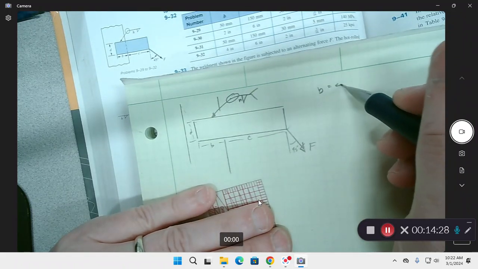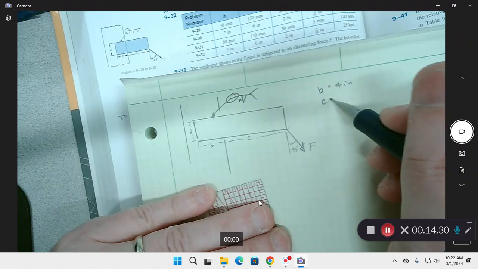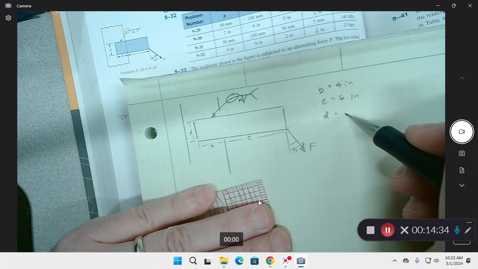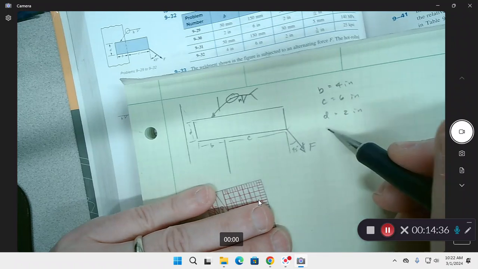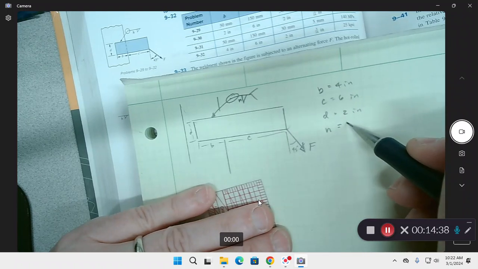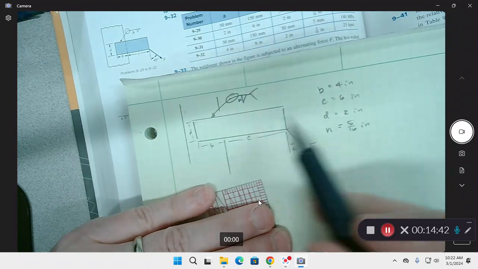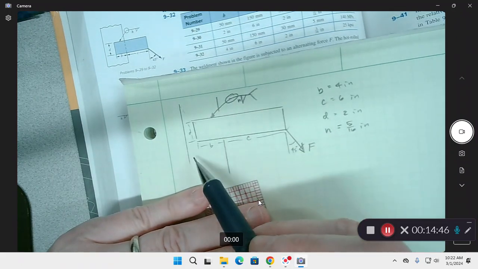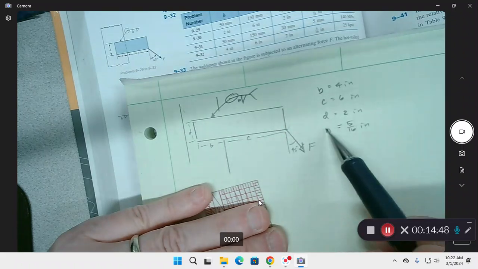B is 4 inches. C is 6 inches. D is 2 inches. H is 5/16. And they could have told us also the thicknesses of these, and then we would have to look this up.